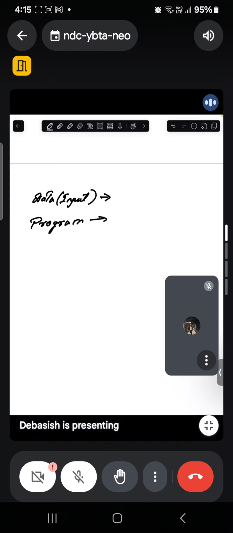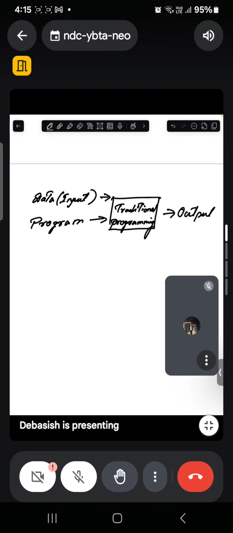Let's say a calculator is a program. Then we get the output. So this is traditional programming.